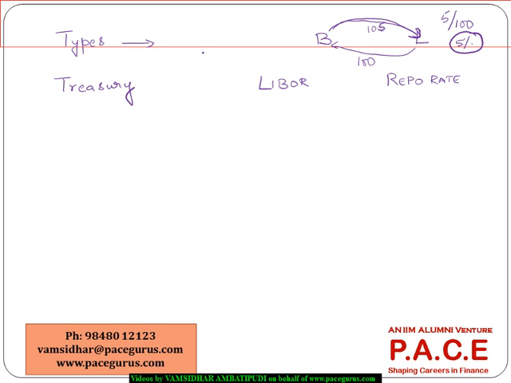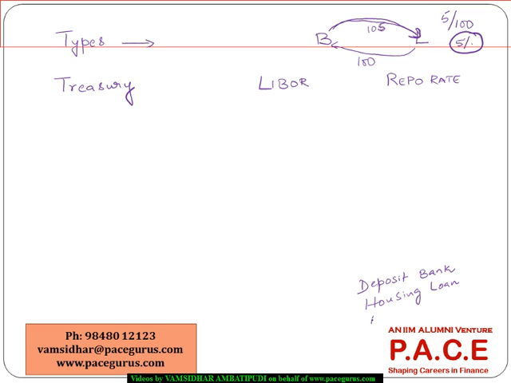Now what we typically see is that the interest rate number is different in different contexts. When I am depositing my money in a bank, the interest rate would be different. If I am taking a housing loan, the interest rate could be different.